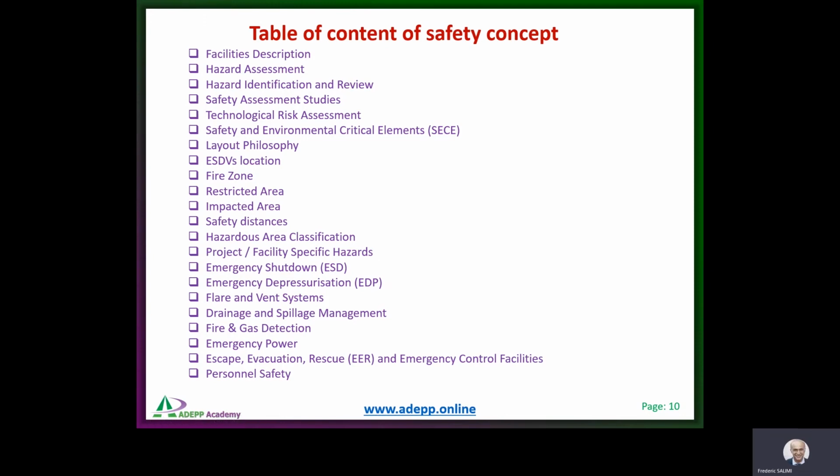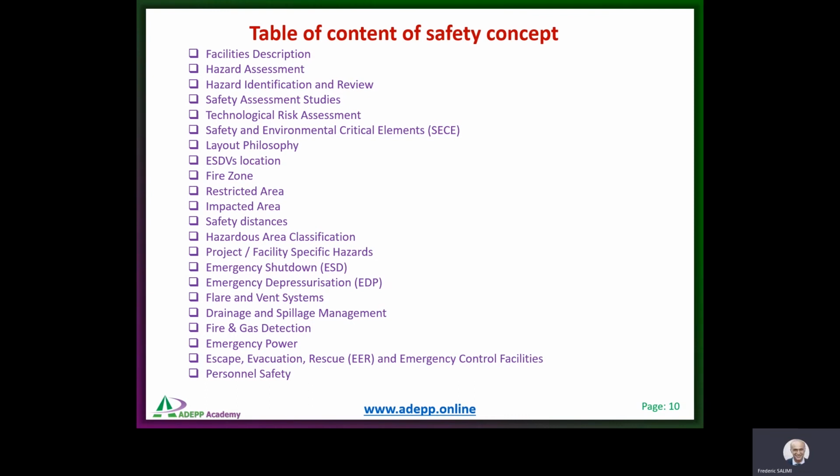Hazardous area classification, and this should be a brief description, what is the classification zone, and especially there should be a section about facility specific hazard. If, for example, in the code and the standards in the company there is not a facility hazard, you should mention it here.